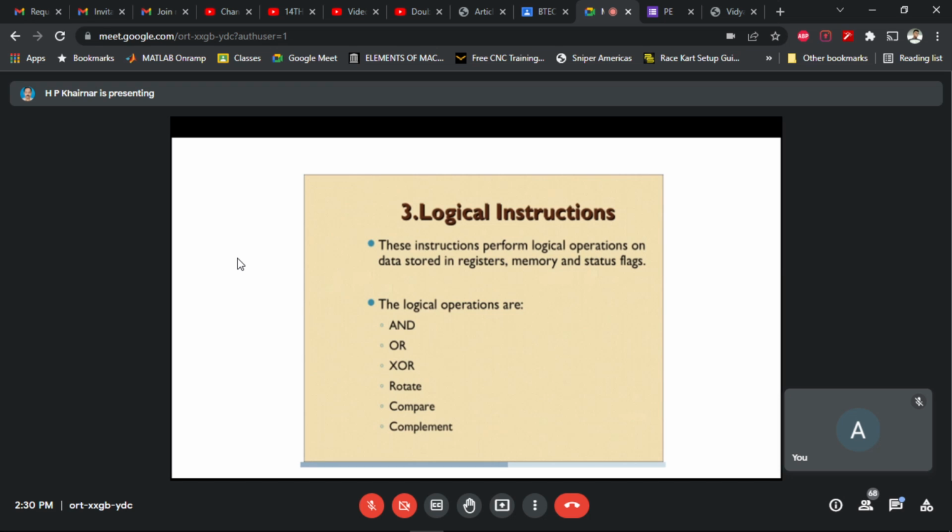Then there are logical instructions. These instructions perform logical operations on data stored in the registers, memory, and status flag. So these logical operations are, say, you are using the AND operation or the OR operation.